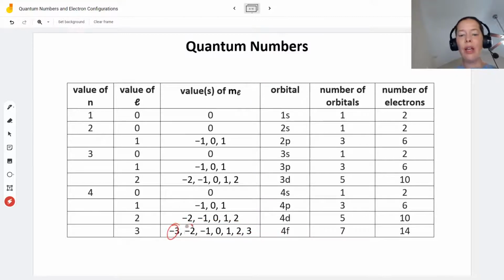So I have 1, 2, 3, 4, 5, 6, 7 values here, which means I have 7 types of orbital. Each orbital holds 2 electrons, so that is going to give me 14 electrons in these orbitals total. These orbitals are the f orbitals. Again, it's 4f because n equals 4.